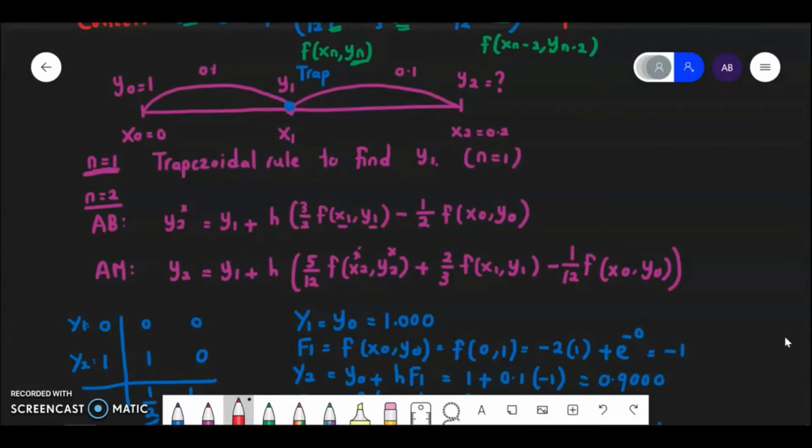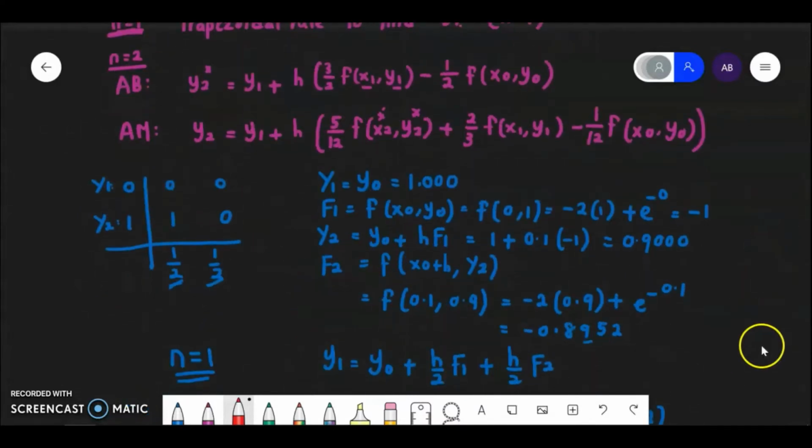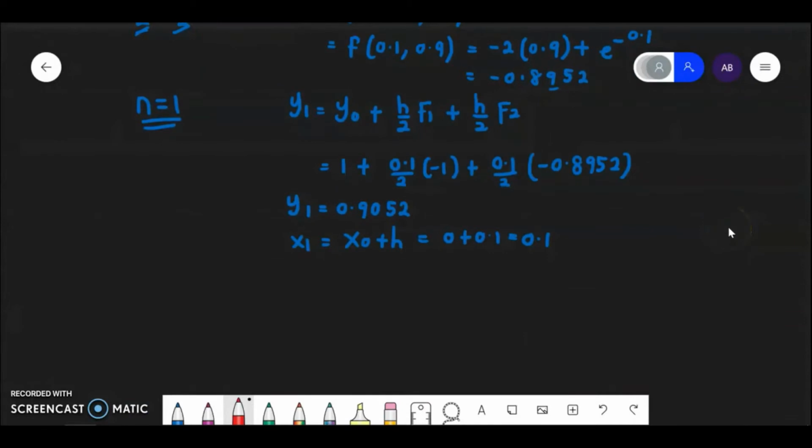Let's call it small f1, which is f at x1, y1.